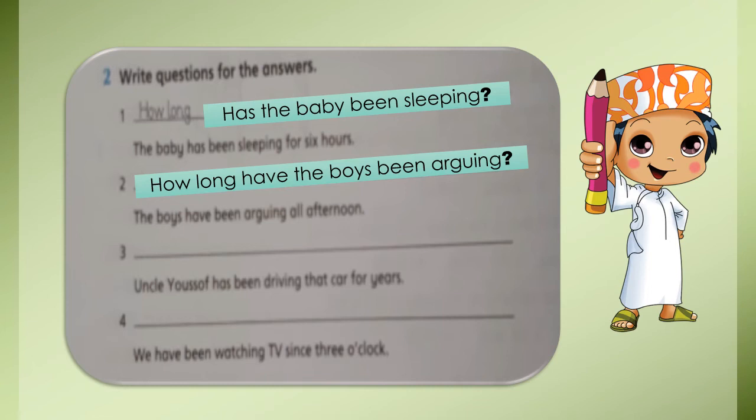How long have the boys been arguing? Yes, the boys have been arguing all afternoon. Now, number 3 and 4, try to do this and send to your teacher to correct.